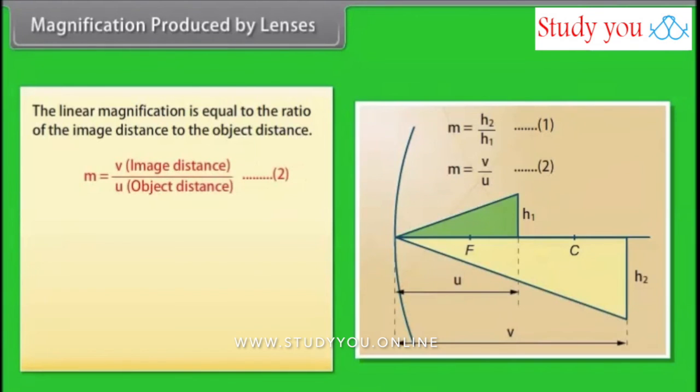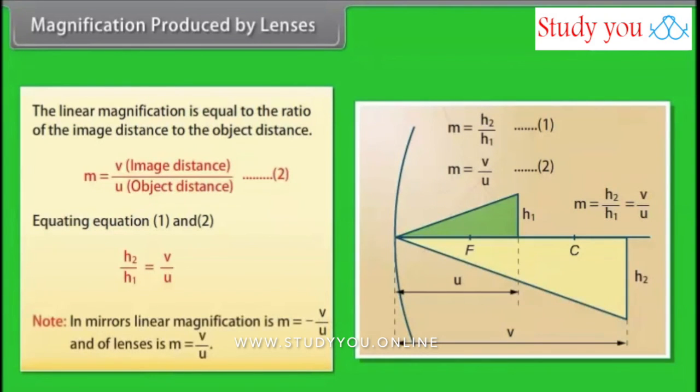M is equal to v, image distance, upon u, object distance, which is equation 2. Equating equation 1 and 2, h2 upon h1 is equal to v upon u. Note, in mirrors, linear magnification is M is equal to minus v upon u, and for lenses M is equal to v upon u.